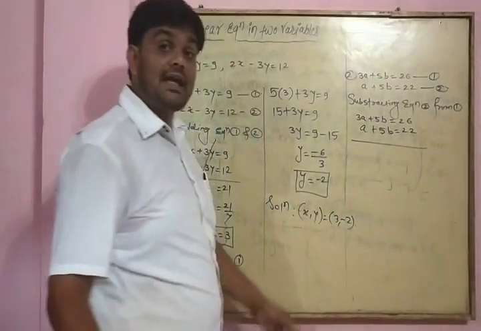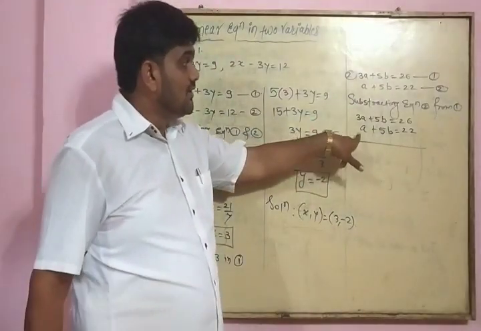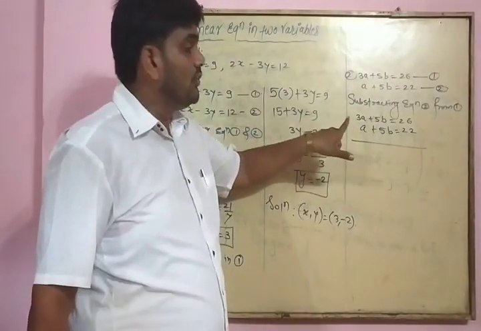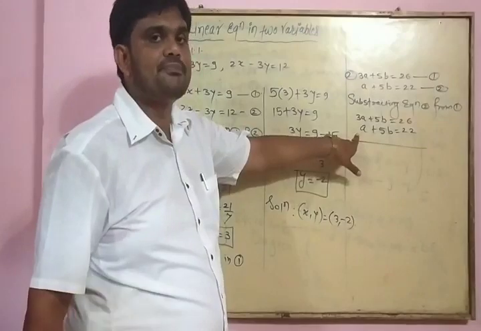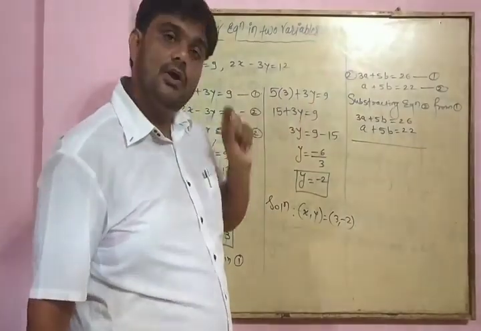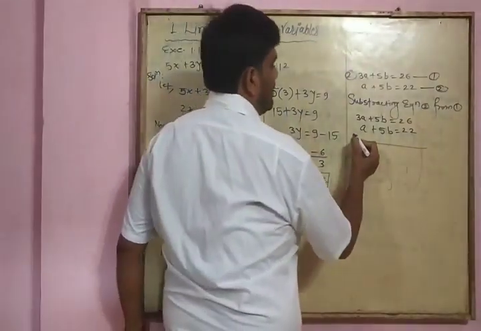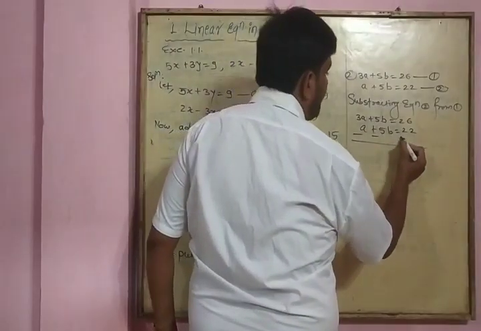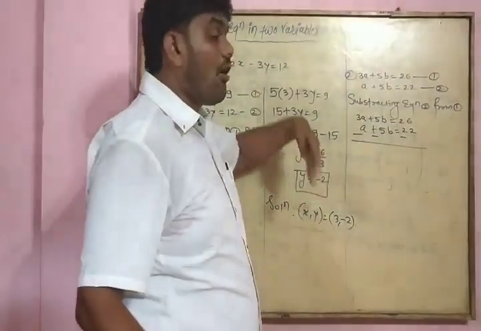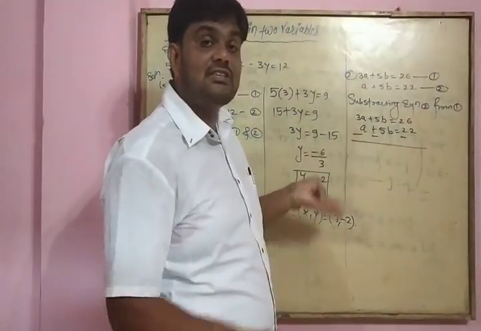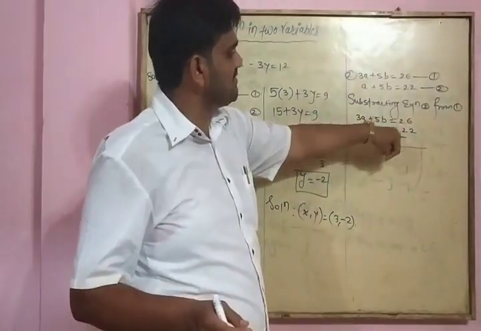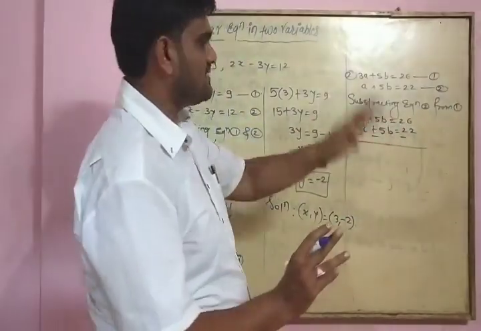Now you need to take care of this. While subtracting, you have to change the sign of the second equation every time. All the signs become minus, minus, minus. If there is already a minus sign, you have to take it as plus. But all are plus, so we have taken them as minus, minus, minus.